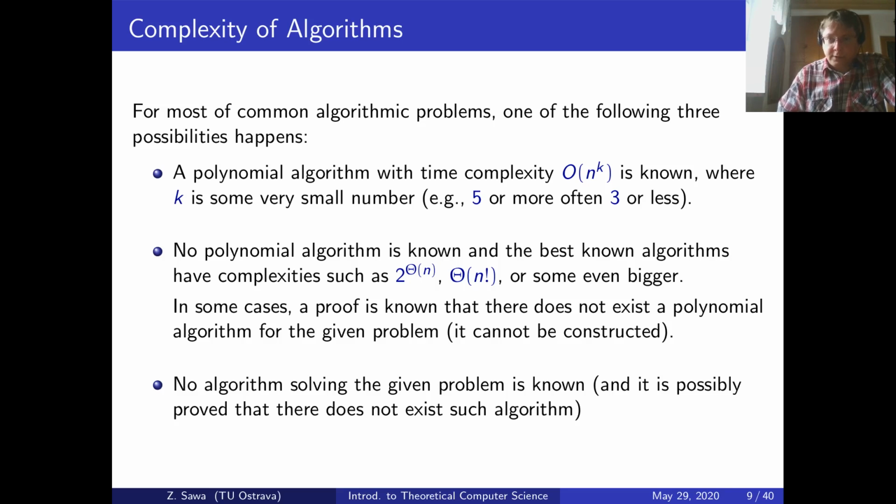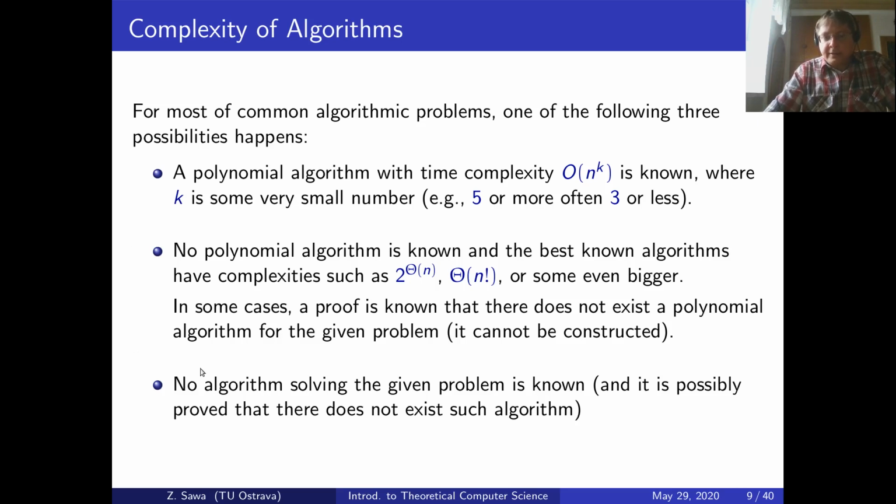So this is another possibility, that it's quite often straightforward to have an exponential time algorithm for the given problem, but no efficient polynomial time algorithm is known. So this is the second possibility that often occurs in practice.